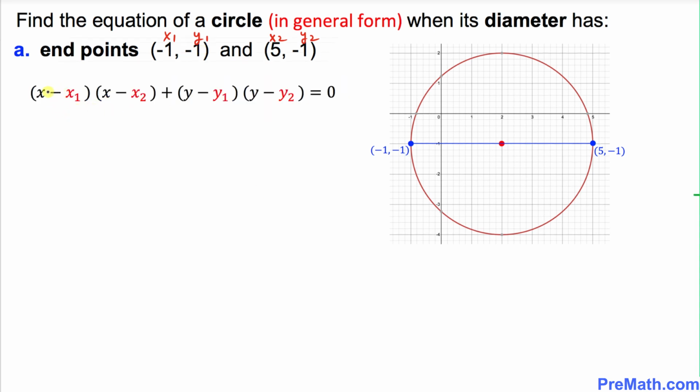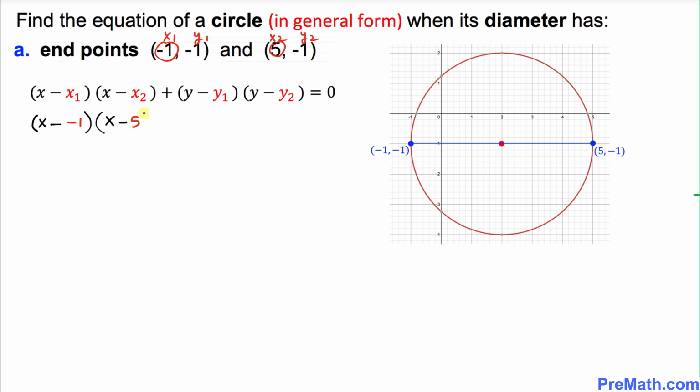Now here is our formula. Let's go ahead and fill in the blanks. Let's put down x minus, in our case, x1 is -1, so let's write down -1. And then once again, x minus, in our case, x2 is 5.